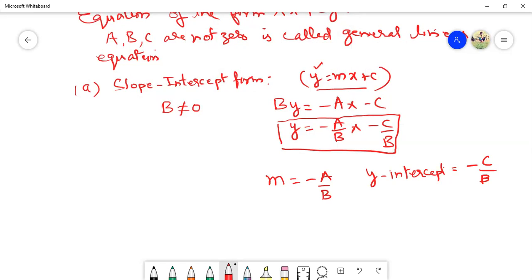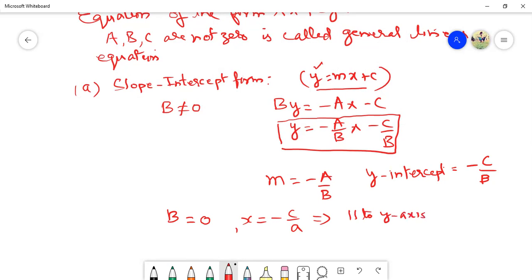If b becomes 0, then ax = -c, so x = -c/a, which is a vertical line, parallel to the y axis.